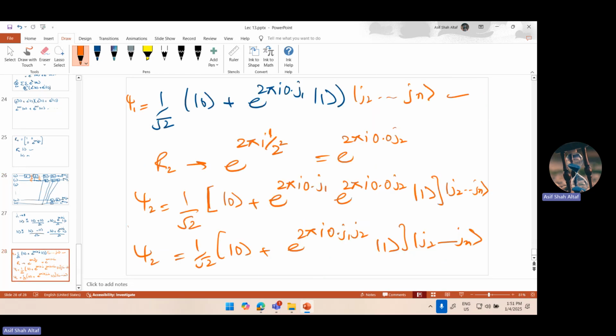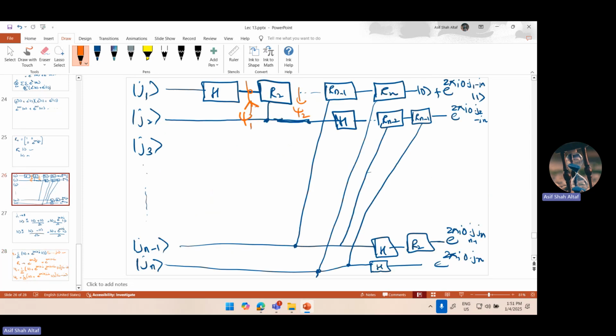So this way, at the output, what you have is the quantum Fourier transform, right? Because you can carry out a tensor product of all of these at the output state.